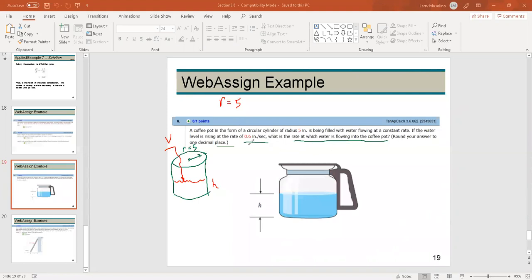All right, they're telling me the water level is rising at this rate of 0.6. Well, that's really how the height is changing with respect to time. So what they're giving me here is dh/dt equals 0.6. They want to know what rate the water is flowing into the coffee pot. So they're really asking me to find dV/dt.